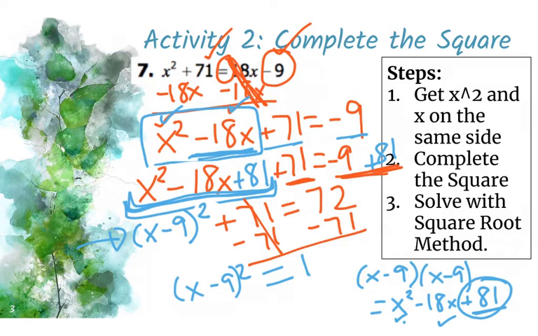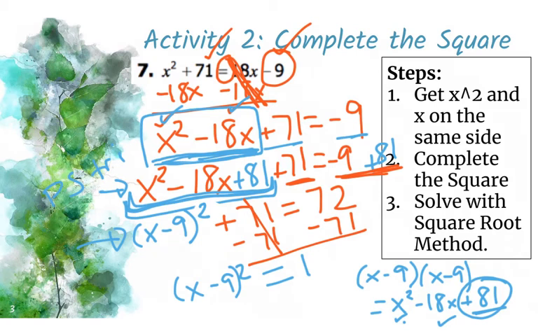All right. So finally, now we can do the square root method, right? So we've completed the square. We have gone from having just x squared minus 18 to doing that, doing the box, finding those perfect square factors, that perfect square trinomial, right? Right here, perfect square trinomial.